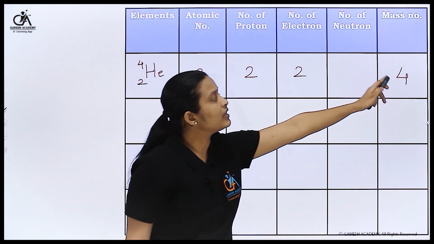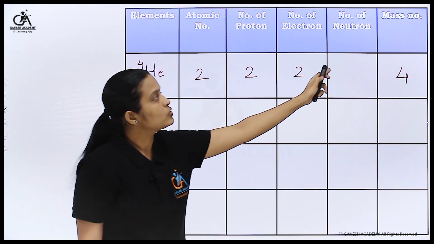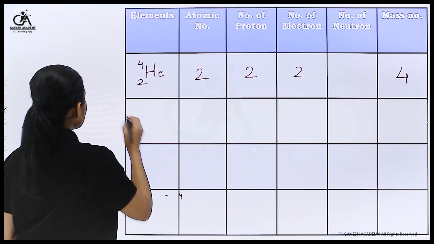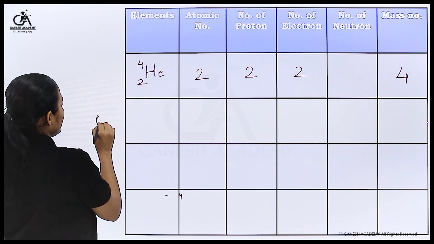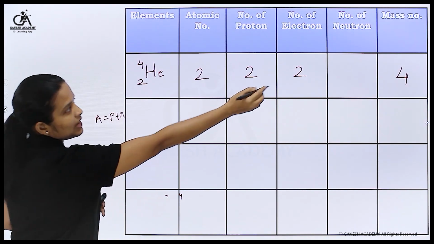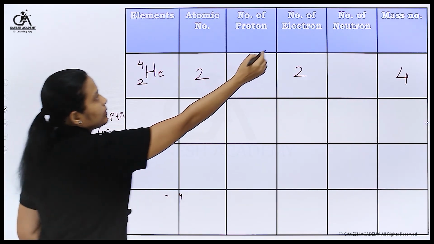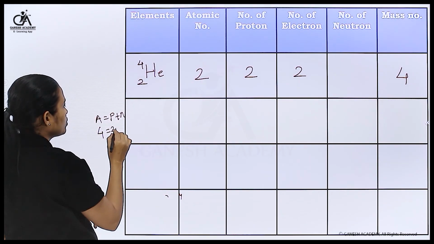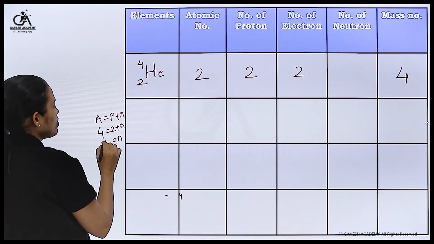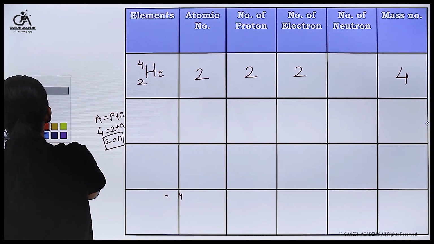Here we know the mass number and the proton number, so to calculate the number of neutrons, write A is equal to P plus N. A, the mass number, is 4, and the proton number is 2. So the neutron number is 4 minus 2, which is 2.